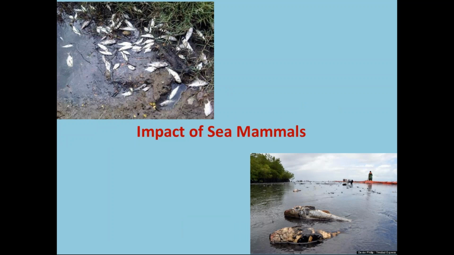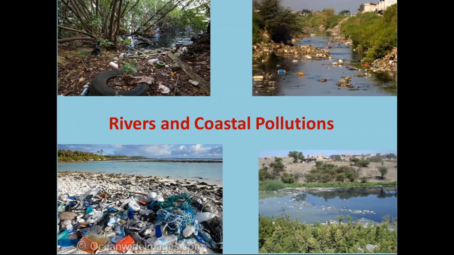These are examples of fish kills that have resulted from unregulated land use on the upper catchment. Pollution of the sea, of the river, and coastal pollution as a result of unregulated waste disposal needs urgent attention.